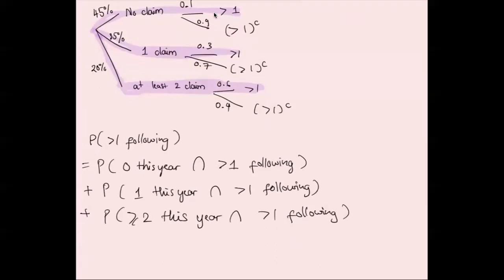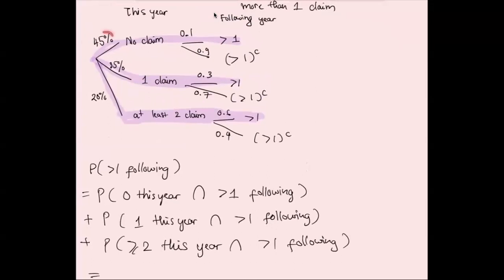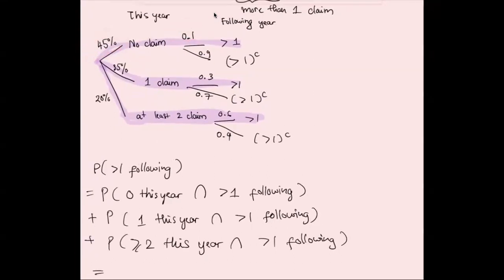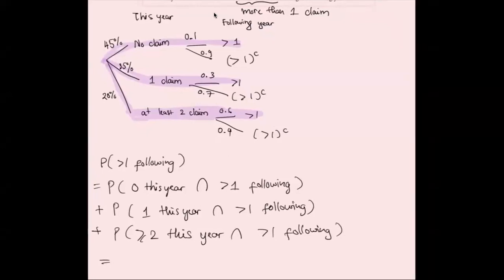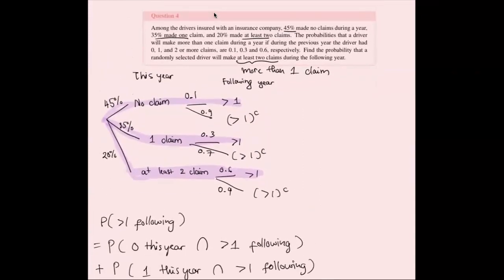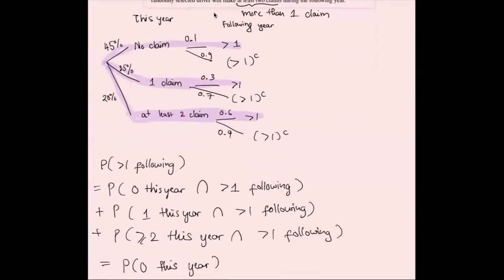In order to calculate the first part, we will take this number multiplied with this number. In terms of notation, what does that mean? 45% is the probability of zero claims this year. 0.1 is the probability of more than one claim in the following year, given zero claims this year.